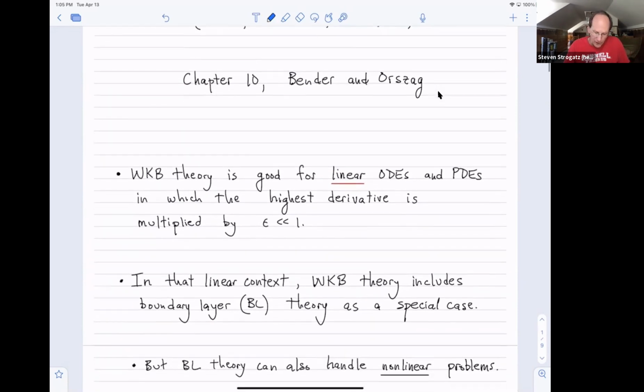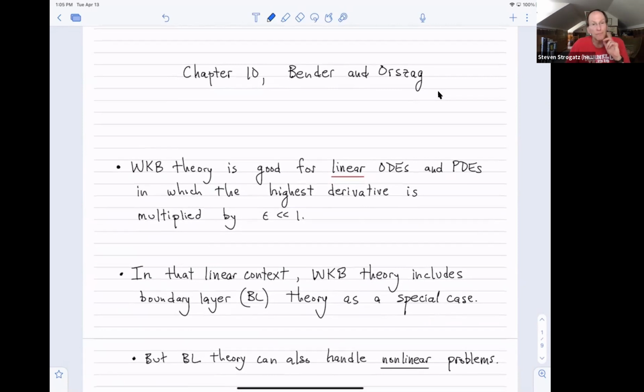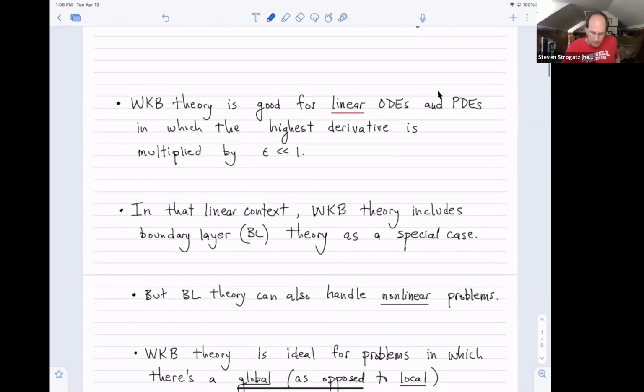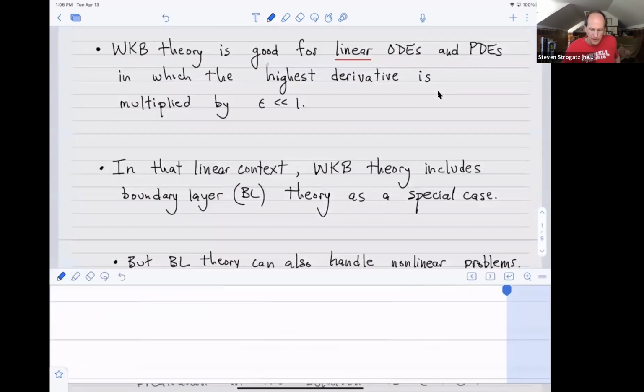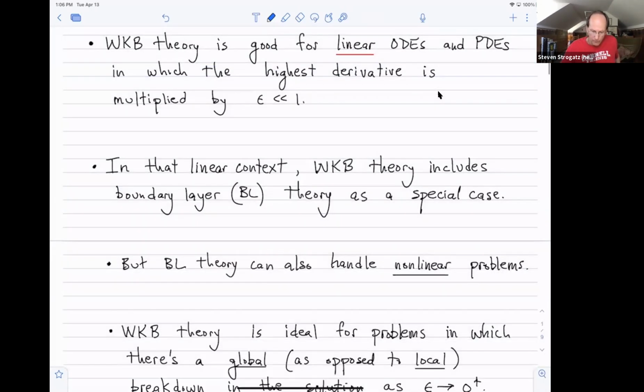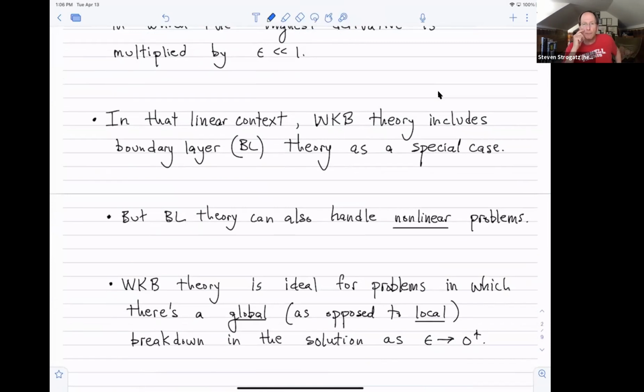But the advantage that boundary layer theory has is that it can also work perfectly well on nonlinear problems, whereas WKB, for reasons you'll see, doesn't apply in that case. So they each have their strengths and weaknesses. WKB theory is really sort of ideal when you have a problem that has a global breakdown as opposed to a local breakdown in the solution as the small parameter goes towards 0.